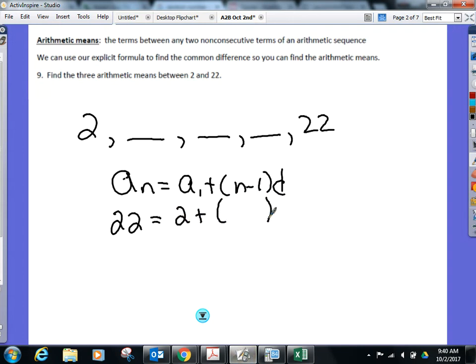Plus, remember what we talked about at the beginning of class. What is 22's position in this sequence? Which term is it? 5th term, so I'm plugging in 5. 22 is the 5th term, perfect. And then I'm solving for D. Go right ahead.